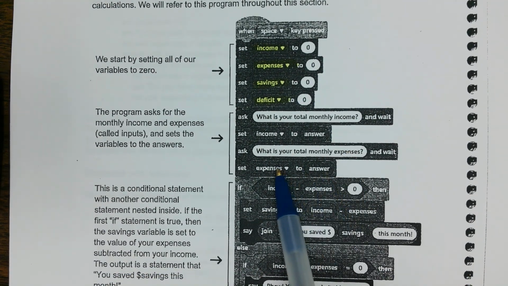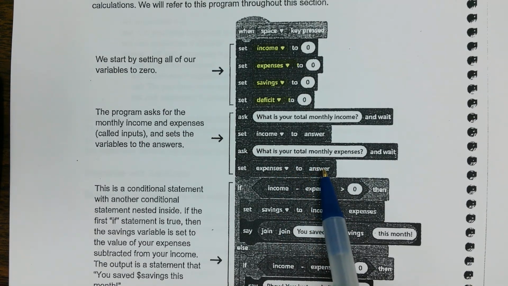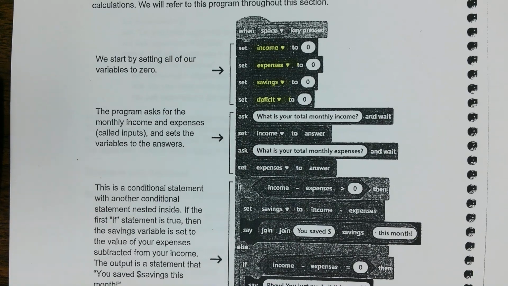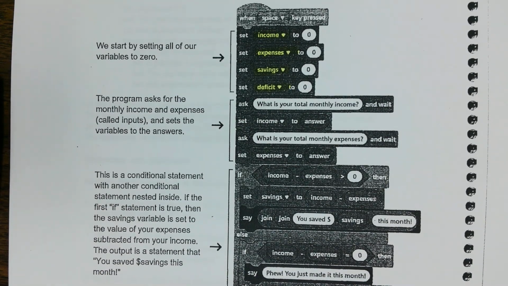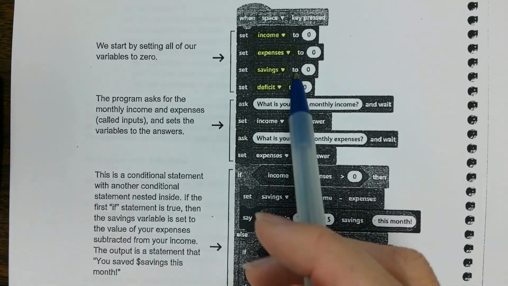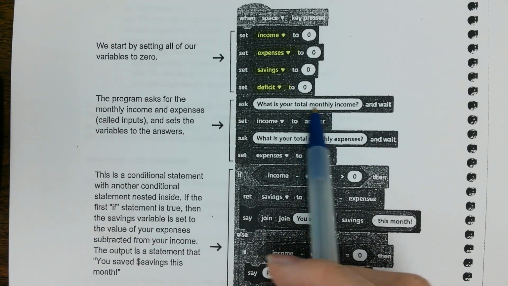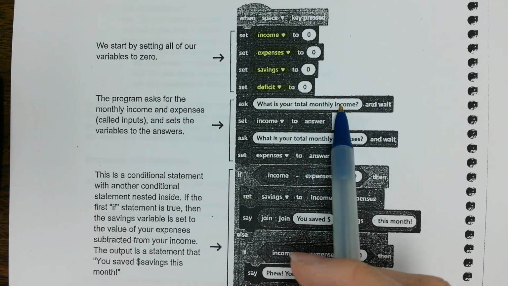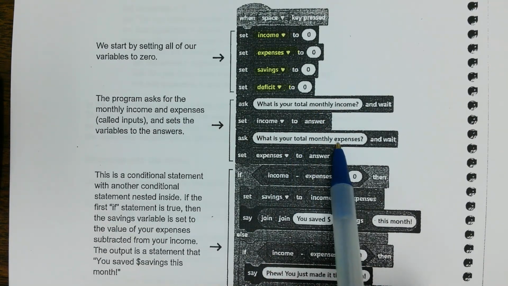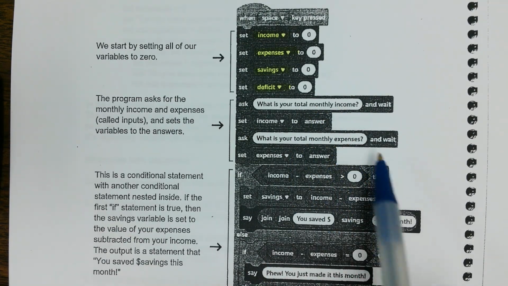And then the user, you, will type in monthly expense 2,000, for example. Oh, sorry, this is monthly, right? So let's say your monthly income is 2,000, and then here monthly expense is 1,000.